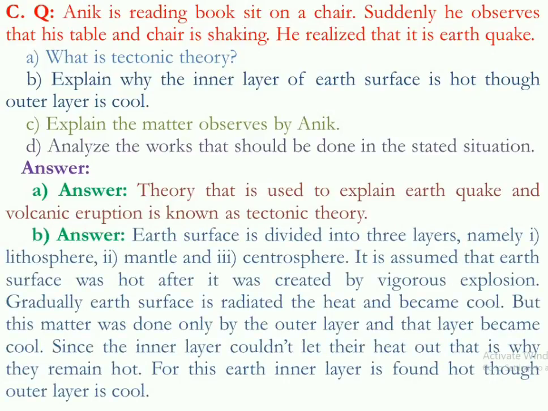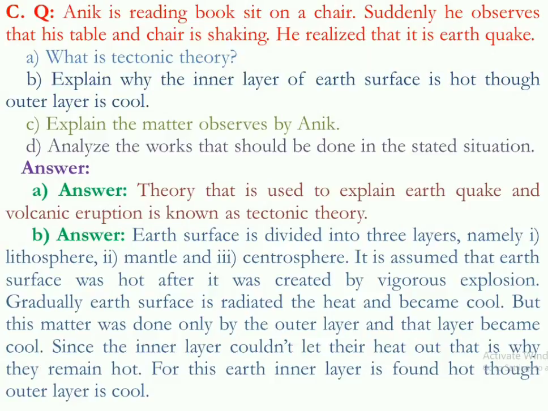We know that the Earth is divided into three layers, and they are lithosphere, mantle, and centrosphere. And also we know that when the earth was created from a vigorous explosion, it was too hot. Gradually the heat radiated and it became cool.